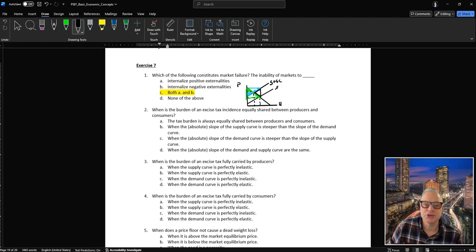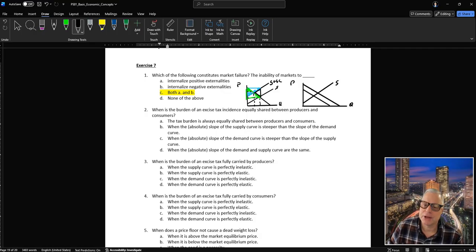So when it comes to positive externality, just to review again, maybe it's a little bit bigger at least. So we have a demand function, we have a supply function, but now whenever we have a positive externality, then the demand function is this.